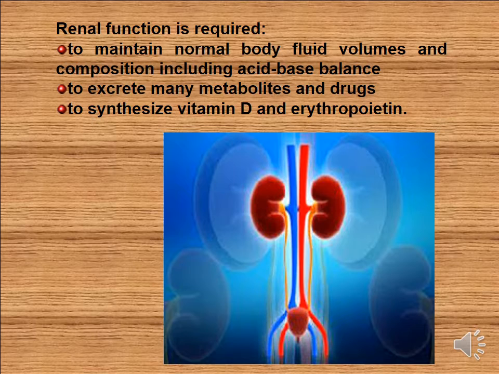Regarding the function of the renal system, renal function is required to maintain normal body fluid volumes and composition, including acid-base balance, to excrete many metabolites and drugs, and to synthesize vitamin D and erythropoietin within the kidney.